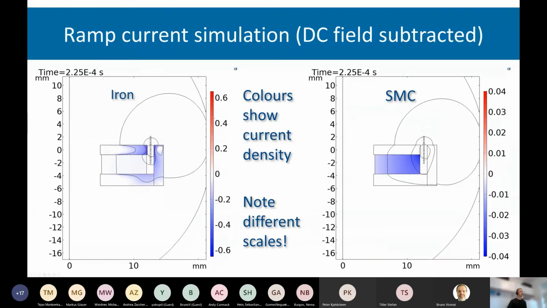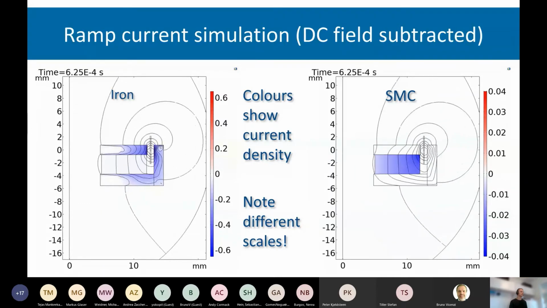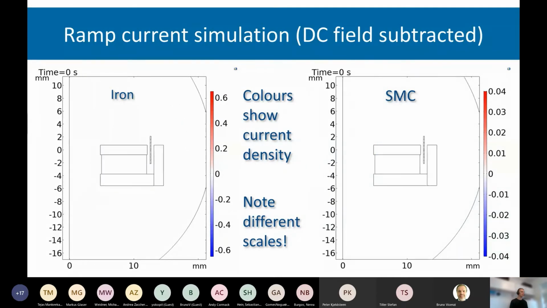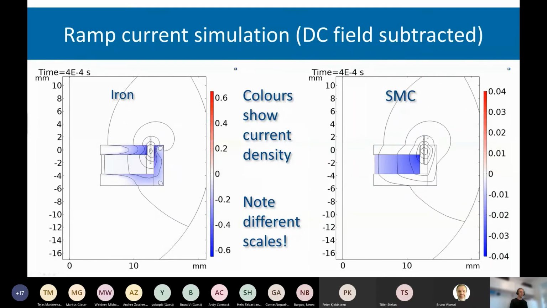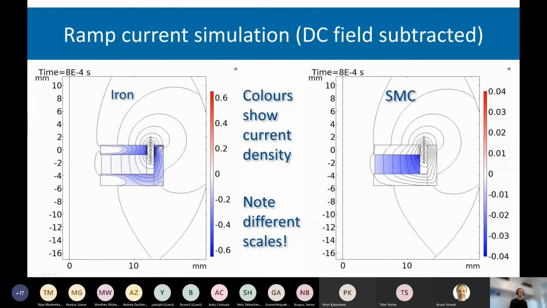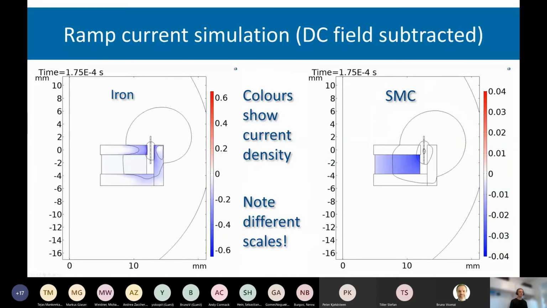Now this is a simulation where we ramp up the current, and you should be able to see that with SMC, the current in the coil is generating a flux which is spreading very fast in the material.